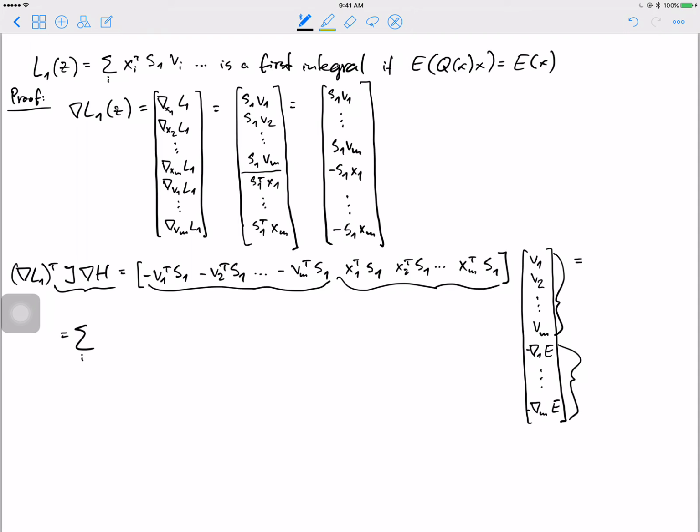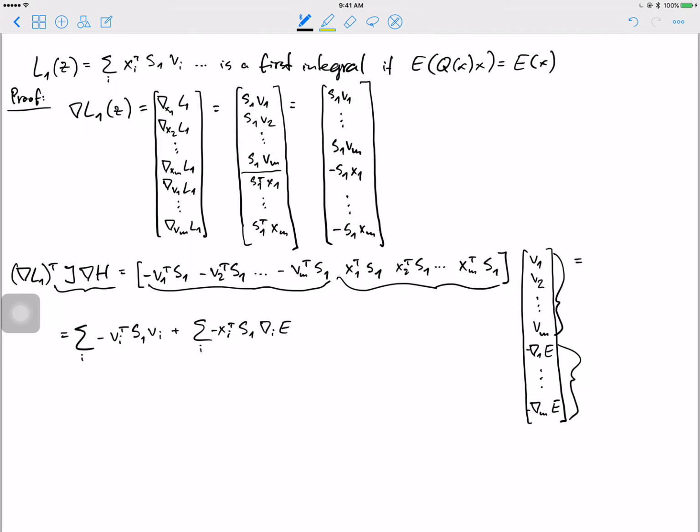So the first part is minus Vi transposed S1 Vi. That's the first part, right? And the second part is Xi transposed S1, also with minus, and now it's the gradient with respect to i of the potential.